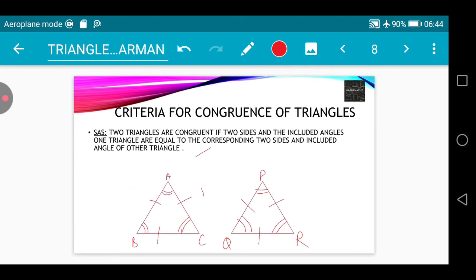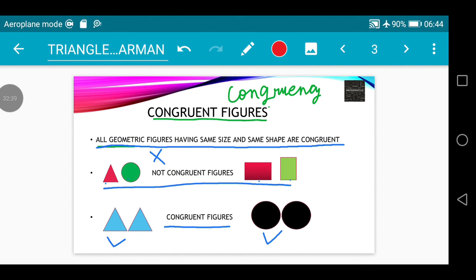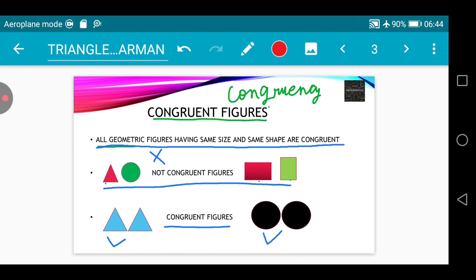Okay, before that I will just revise all we have done in a quick one minute. Firstly, we moved to triangles introduction, how a triangle is formed, composed of three sides, and we proved the angle sum of all interior angles in a triangle is 180 degrees: angle A plus angle B plus angle C equal to 180 degrees. Then we moved to congruent figures.